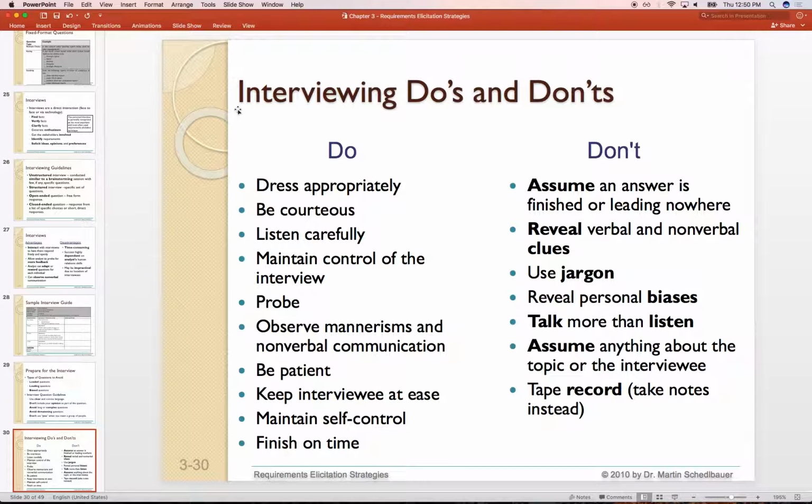So this is about dressing appropriately. Typically you'll be meeting these folks, and you want to be as professional as possible, so people hand you the authority that you know what you're talking about. You are assertive, and you're not intimidated, or intimidating anybody.